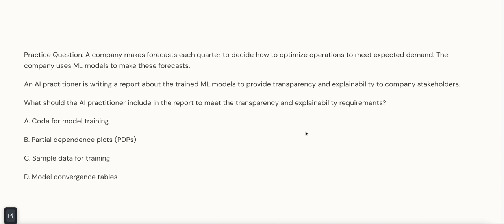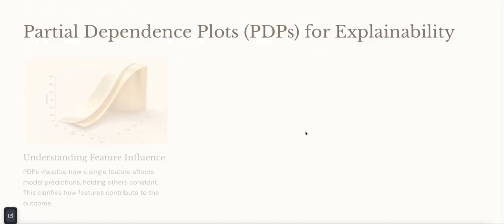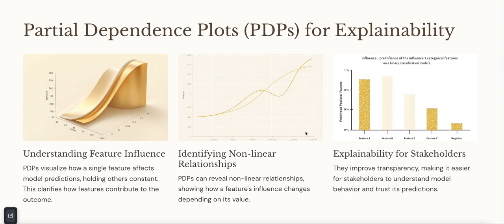If you're not familiar with these, they all sound like they could be possible. So the key thing is to know what the options are, so you can eliminate the other options. That being said, B is the correct answer, partial dependence plots, because they were looking for explainability and transparency.